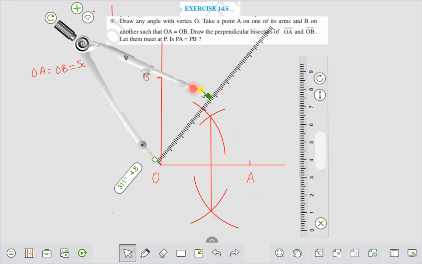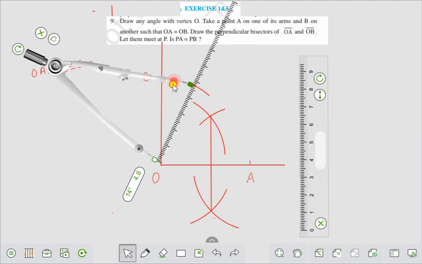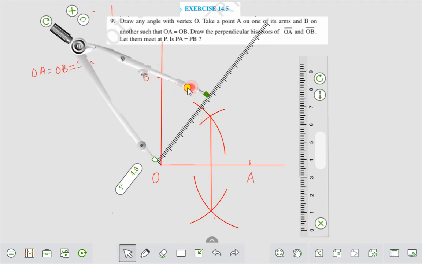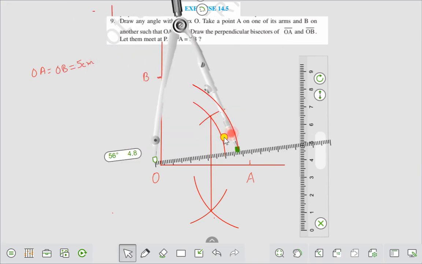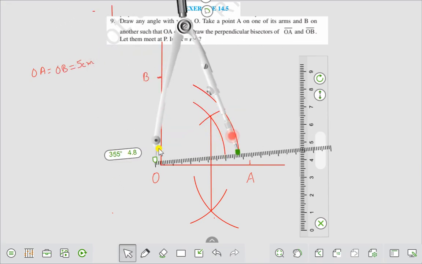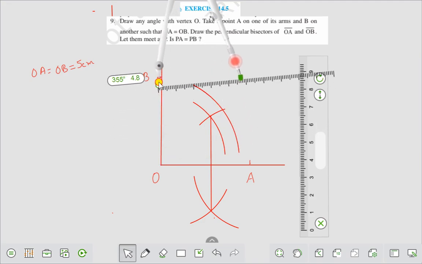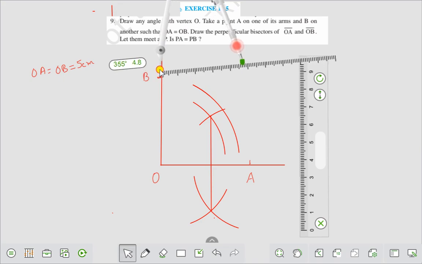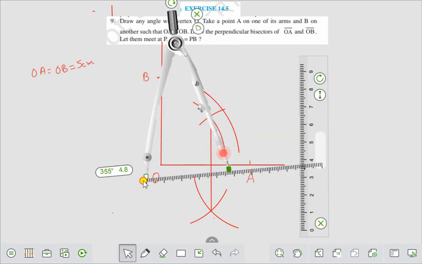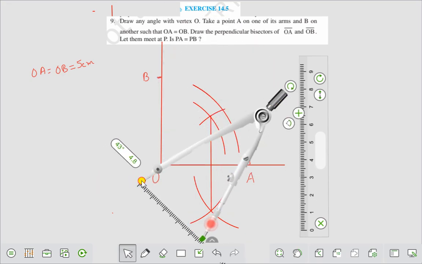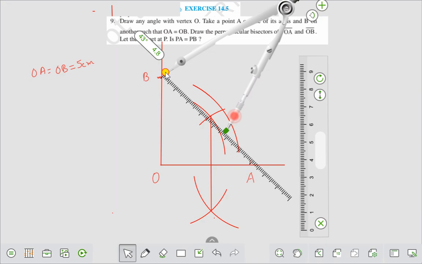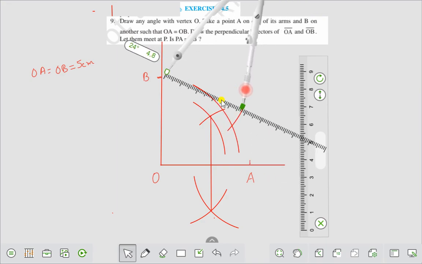Now take this pointer at point B and draw another curve to meet the curve. Let's take the pointer at point B and take a curve, right?